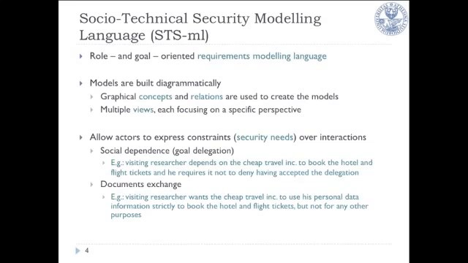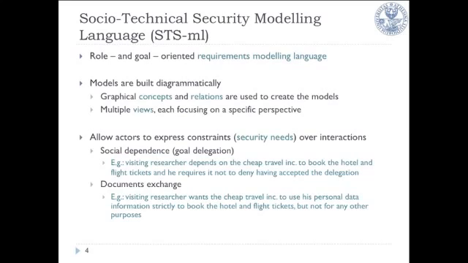For instance, we have these two main forms of interaction. Social dependence comes in the form of goal delegation. When the visiting researcher depends on the travel agency to book the hotel and the flight tickets to come all the way here, he might require the travel agency to not deny having accepted the delegation.